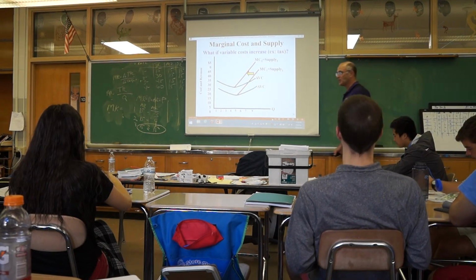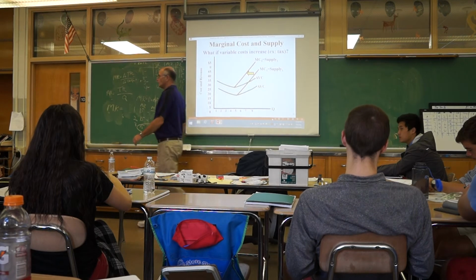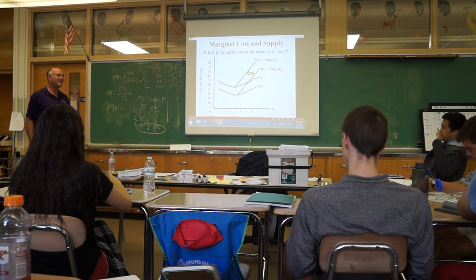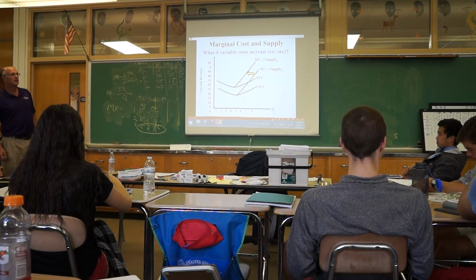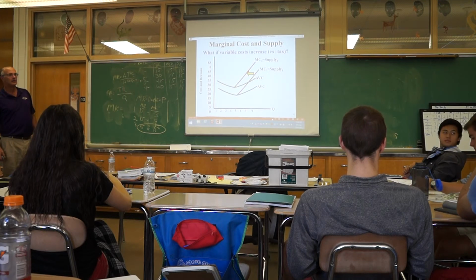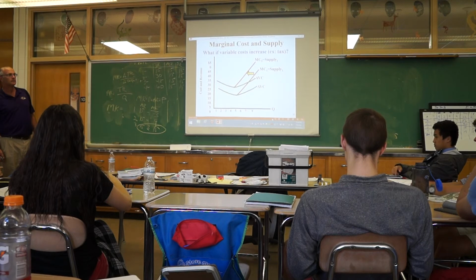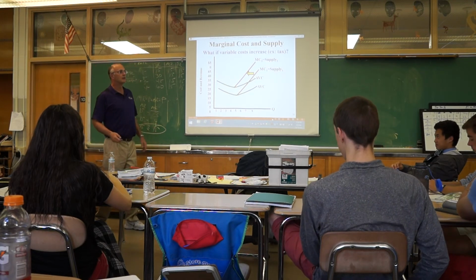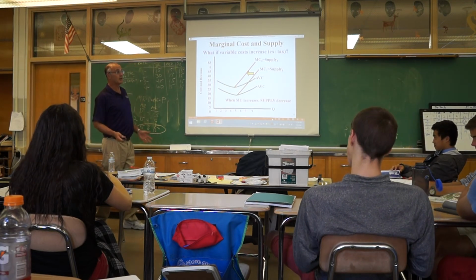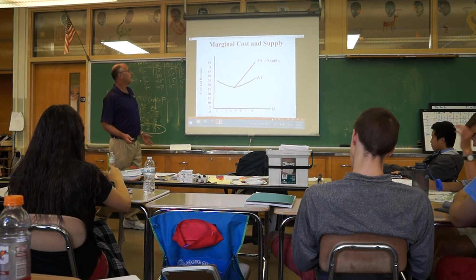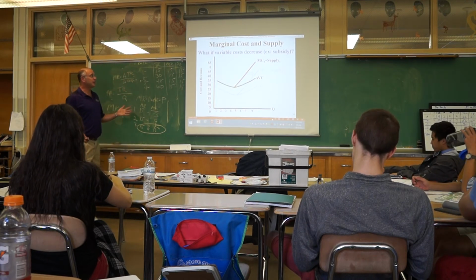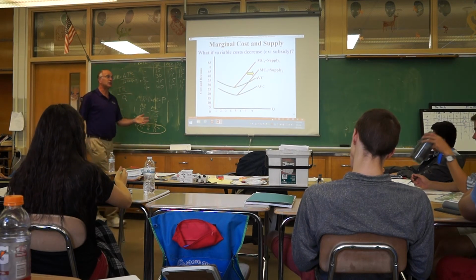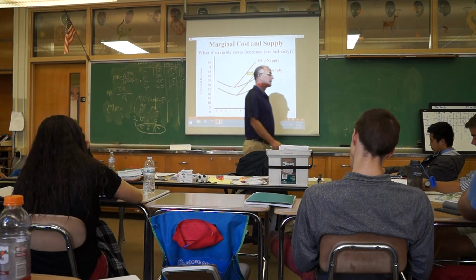If it's not an excise tax, what's the opposite? A subsidy, okay? Technology would shift it right too. So if a subsidy happens, we're gonna shift the MC to the right, ABC lower, ATC lower. Okay?